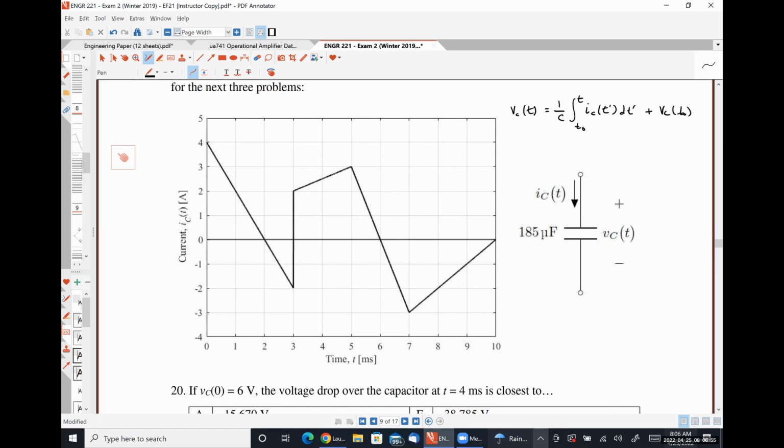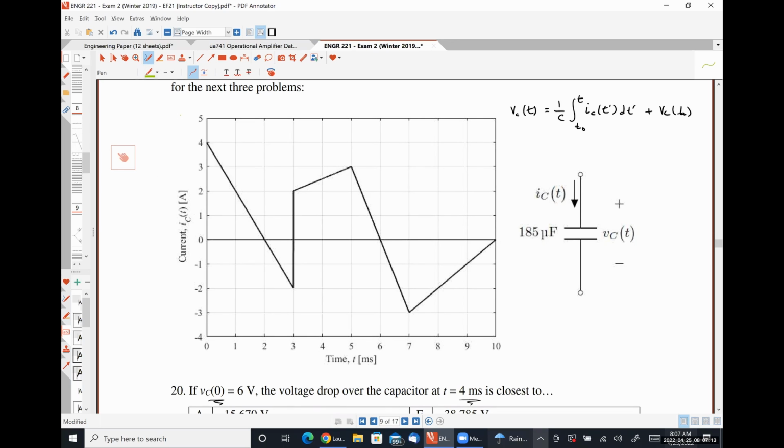Now, I'm not actually expecting you to use this relationship, but it's kind of telling us what to do, okay? So it's going to be the area under the curve from time when we know what the capacitor voltage is, so 0, to the time that we want, which is 4 milliseconds.